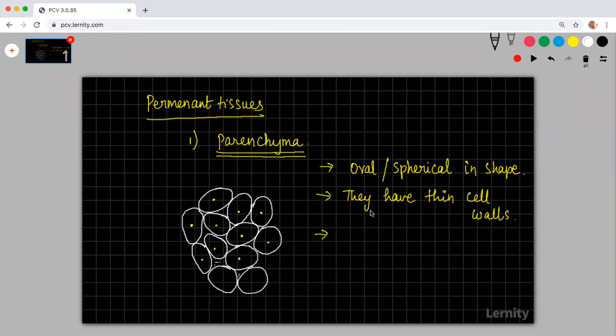So they have intercellular spaces between cells.